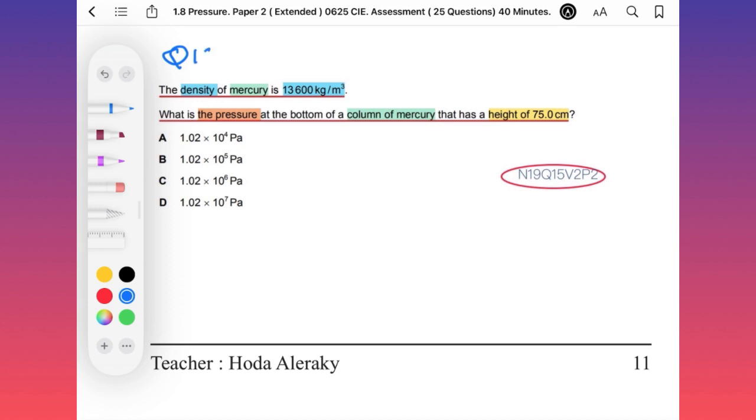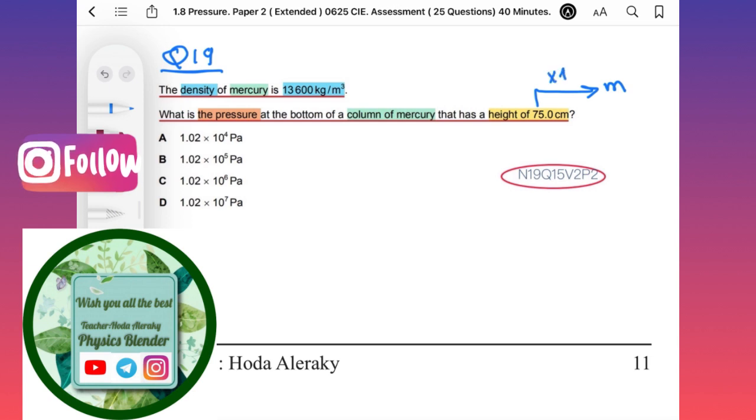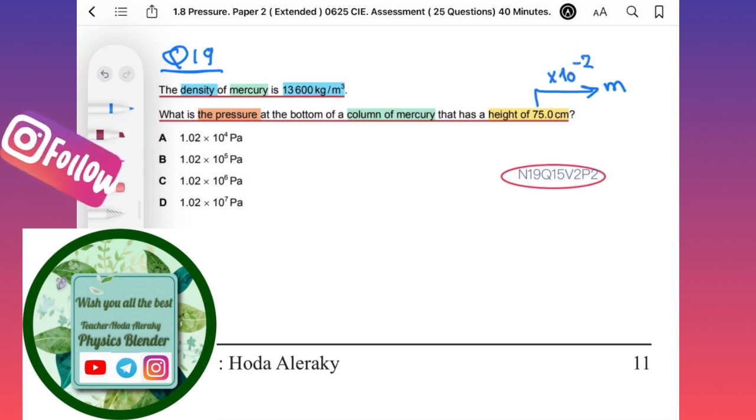Question 19. The density of mercury is given. What is the pressure at the bottom of a column of mercury? Its height is given in centimeters, so you have to convert centimeters to meters. You have to multiply by 10 to the power of negative 2.